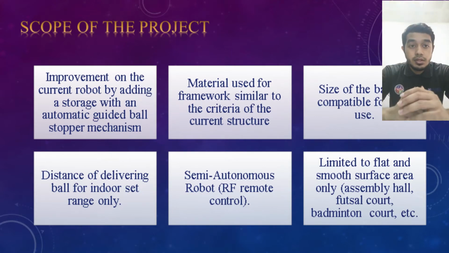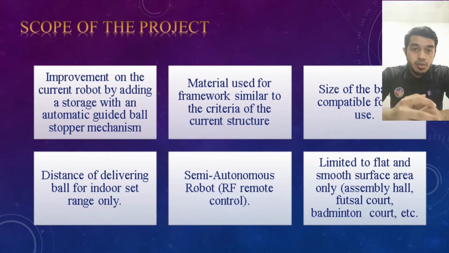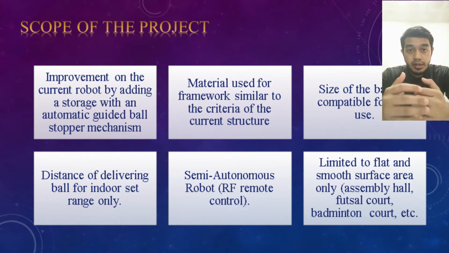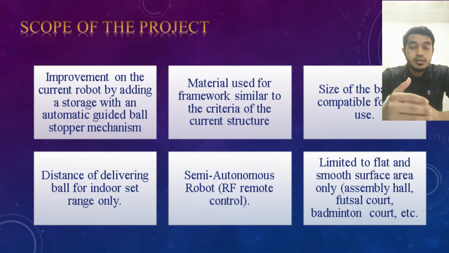Number 4 is that the distance of delivering the ball is for an indoor set range only. Number 5 is a semi-autonomous robot, which is RF remote controlled. And the last one is that it is limited to flat and smooth surface areas only, such as an assembly hall, futsal court, and badminton court.